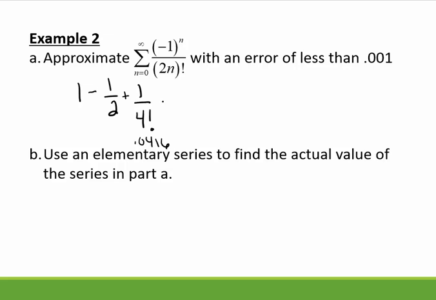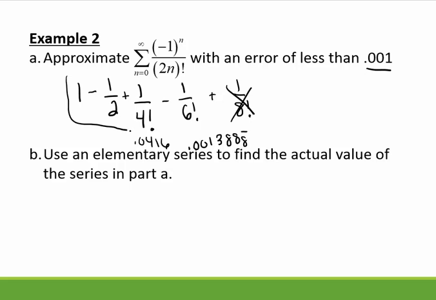So I keep listing my terms. 1/6 factorial, so that's 0.00138888, and the 8s go on forever. So this is still greater than what I want my error to be. So I go to my next term. This error is less than that value. So that's the one I cross off. So this estimates that with an error less than 0.001.